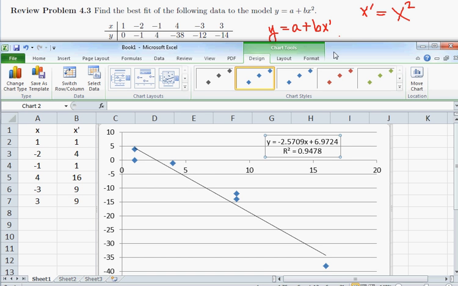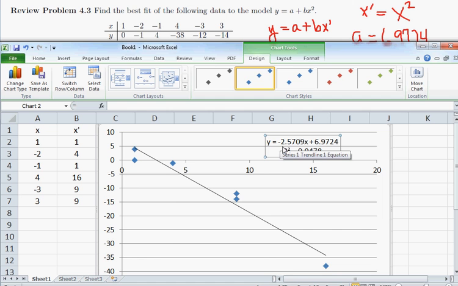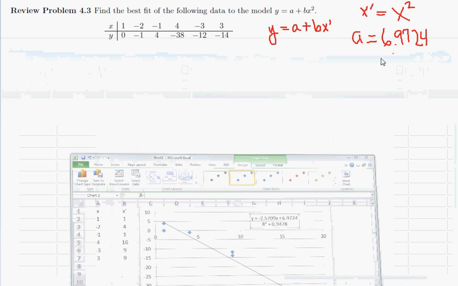So let me write those down so that the a is equal to the intercept here, 6.9724. And the b was equal to -2.5709.